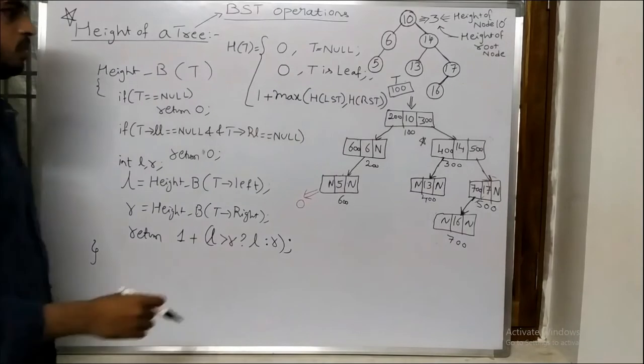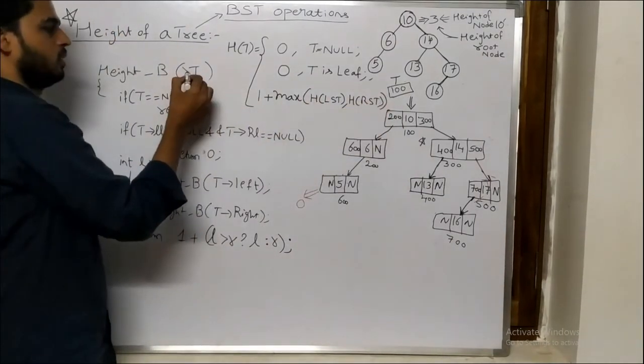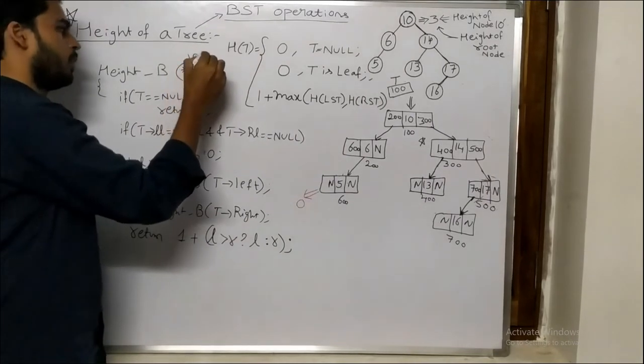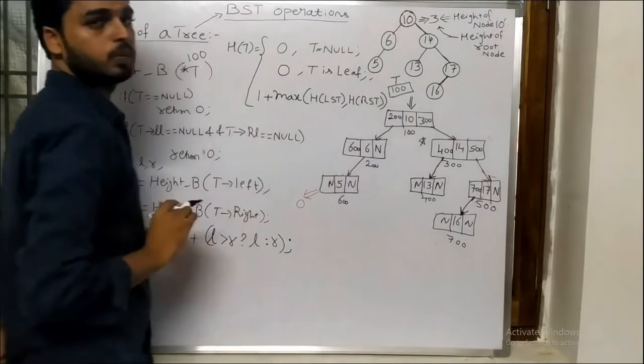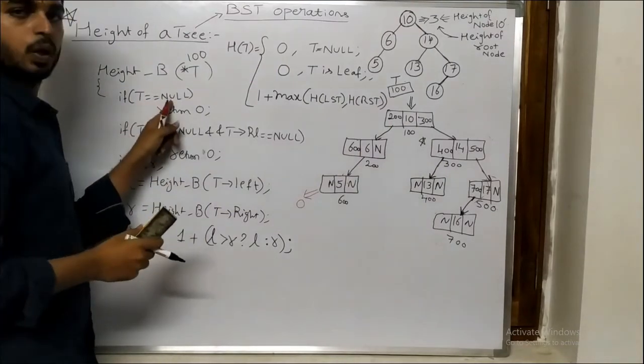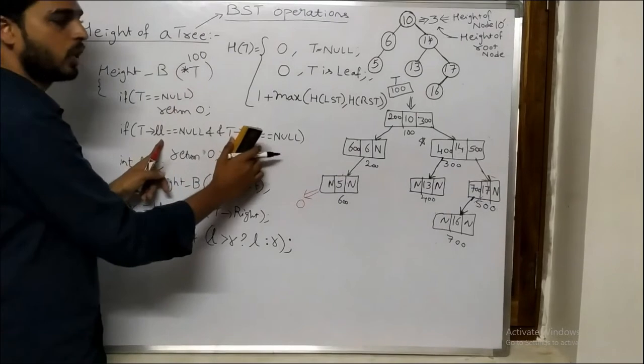Now I am going to pass this address here. I pass the address 100, meaning that it will point to this node. Okay, fine. Is this address null? No. Is 100 arrow left link null and 100 arrow right link null?